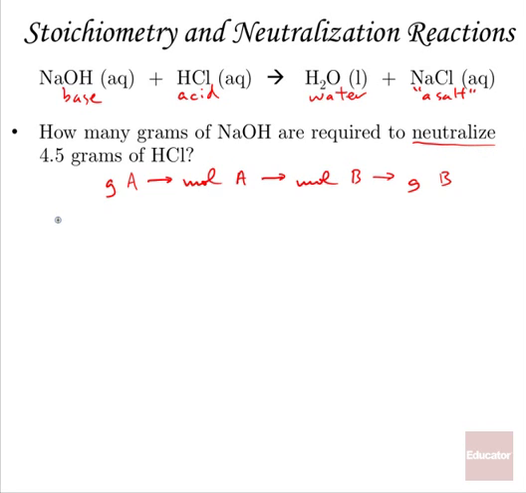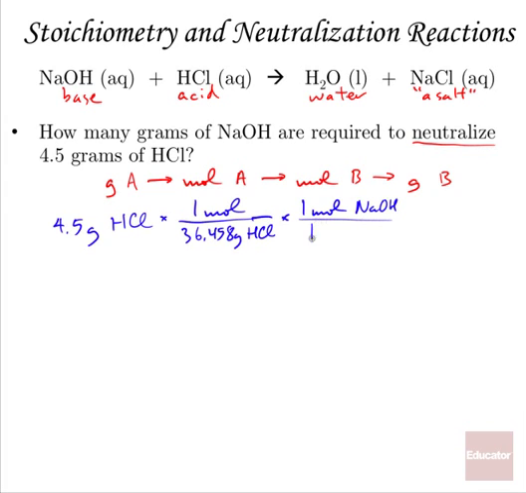So 4.5 grams of hydrochloric acid times 1 mole divided by 36.458 grams of hydrochloric acid. Okay, that's its molar mass roughly. So that gives us the moles of A. Okay, moles of A to moles of B, so that's going to be a 1-to-1 ratio. So that's 1 mole of sodium hydroxide over 1 mole of the HCl.